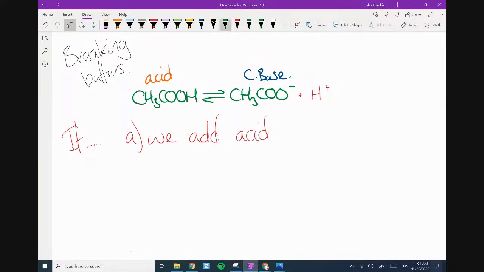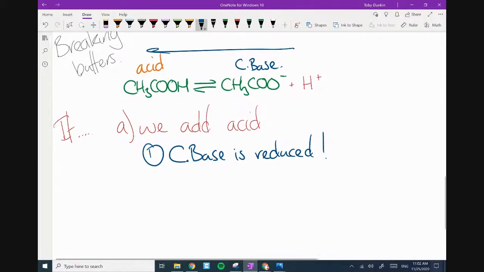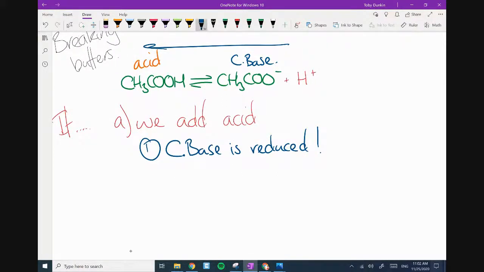Number one, equilibrium goes that way, and the conjugate base is reduced. It's going to get used up in that reaction if we add the acid, because it's the conjugate base. And as a result, number two, the weak acid will increase. One is reduced, one is increased.